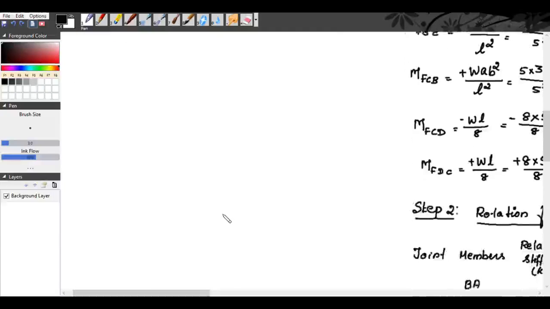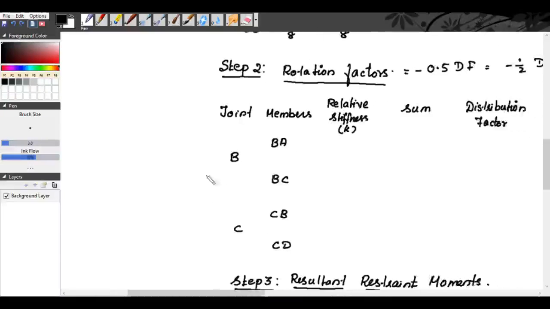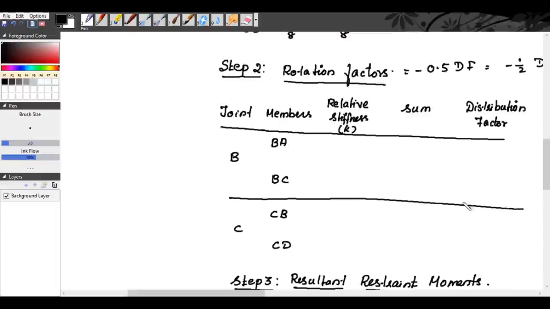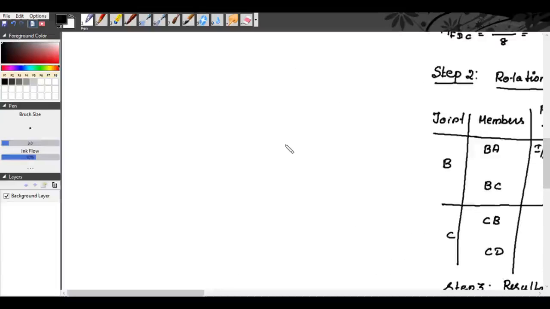So we will consider the joints first. We have two joints, joint B and joint C. At joint B we have members BA and BC. At joint C we have members CB and CD. Now we will find the relative stiffness. Everywhere it is I by L. For the span BA, I is I, you can check it in the diagram.